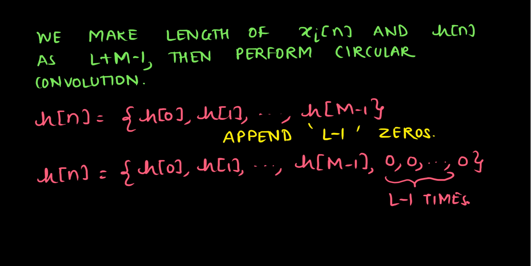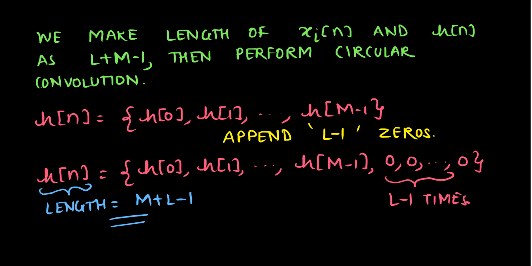Once we do this, the length of this h of n is now m plus L minus 1. So the length manipulation for filtering is done.